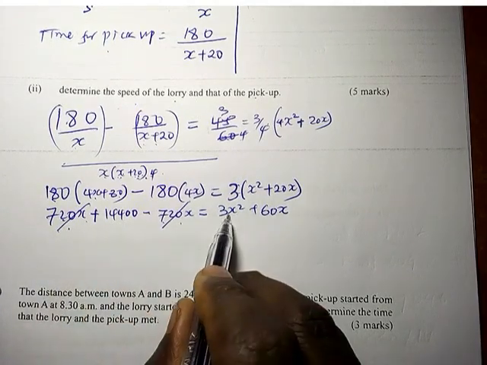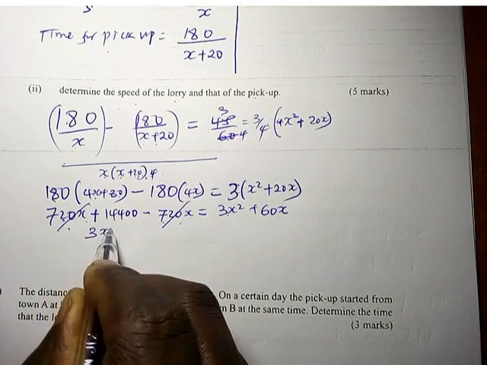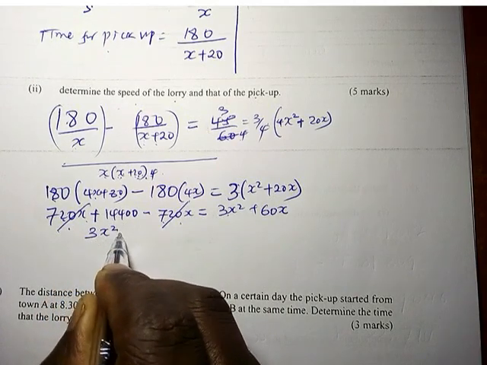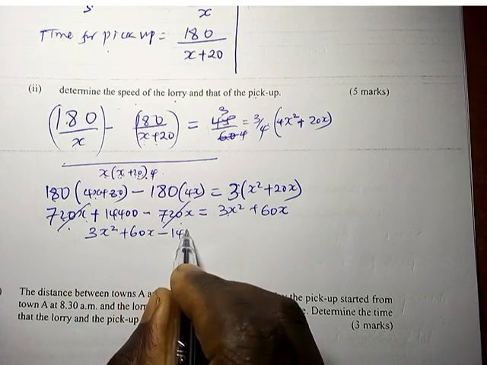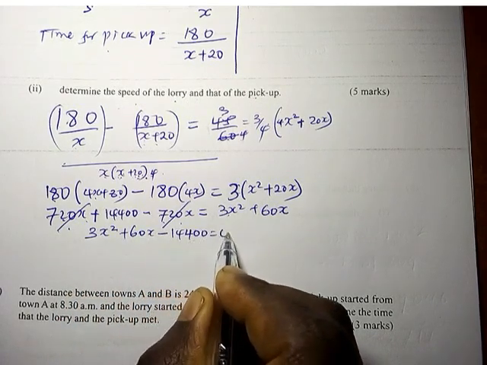So we will have now 3x square plus 60x minus 14000 is equal to 0.